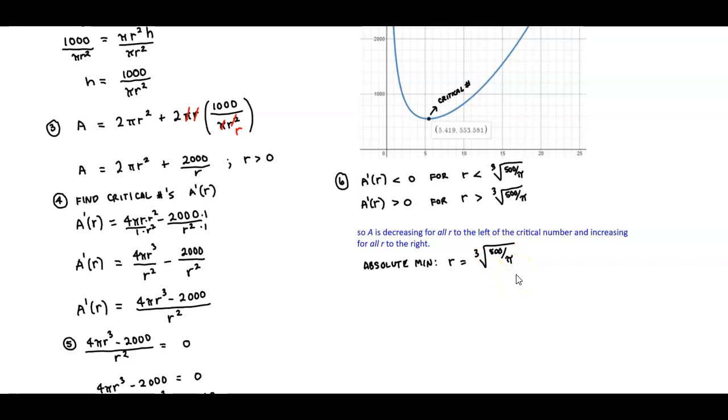So now we're going to substitute this value of r so that we can determine what h is. We're going to let h equal 1,000 divided by pi times the value of r squared, where r is the cube root of 500 over pi.